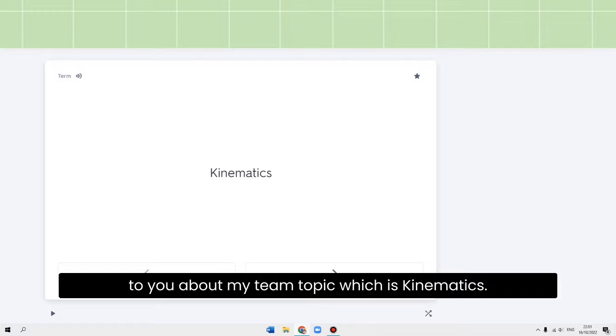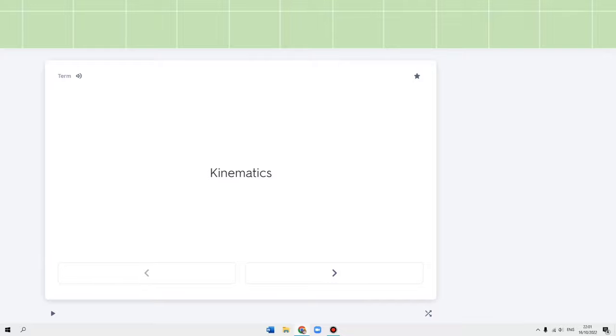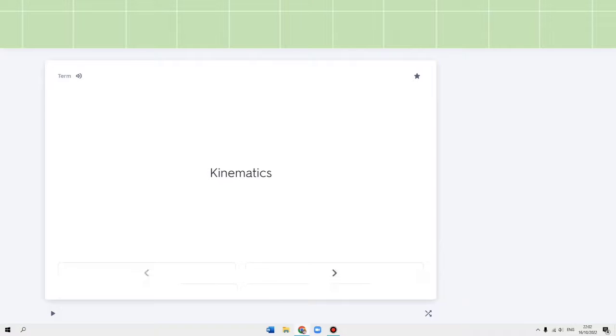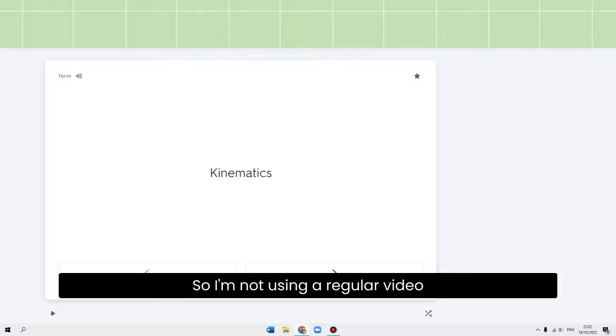Today I'm going to present my team topic, which is kinematics. I'm bringing a very unique way of presenting. I'm not using regular videos or a presentation. Instead, I have a full-screen flashcard set, which is pre-built.